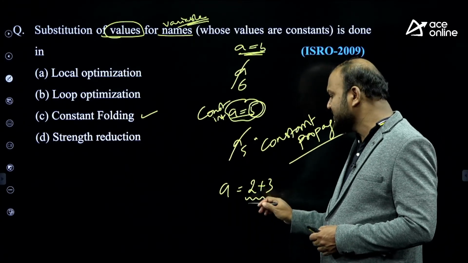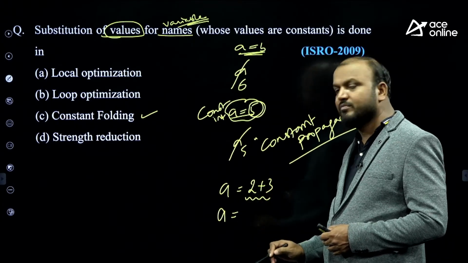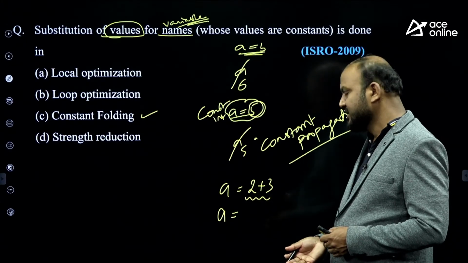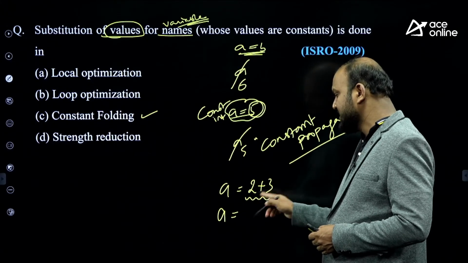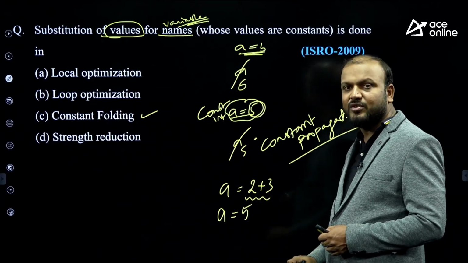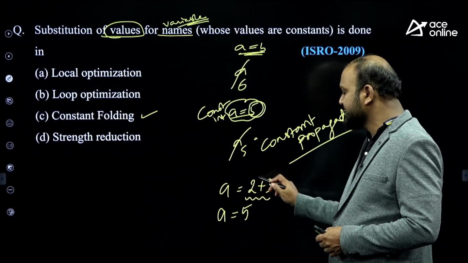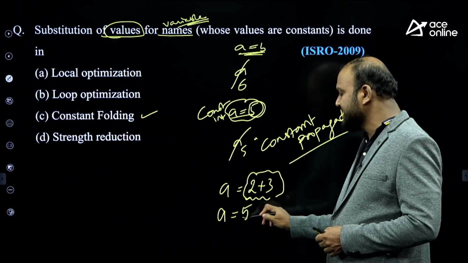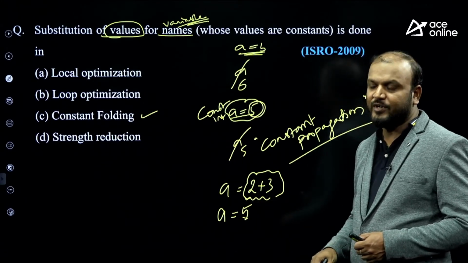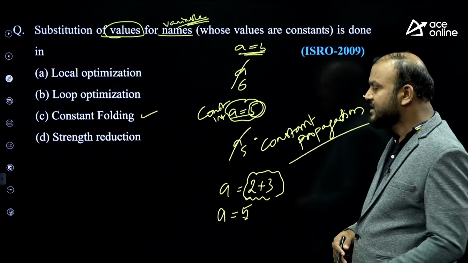Whether you evaluate it before or after compilation, or during execution, the result of 2 plus 3 is always 5. Correct or not? Yes. So this is a constant expression and its final value is substituted; that is called constant folding.